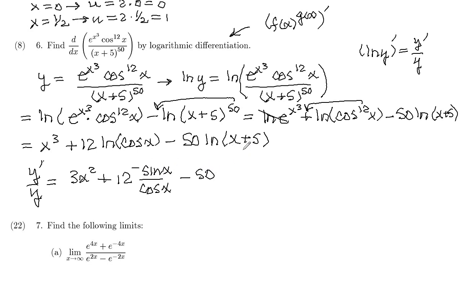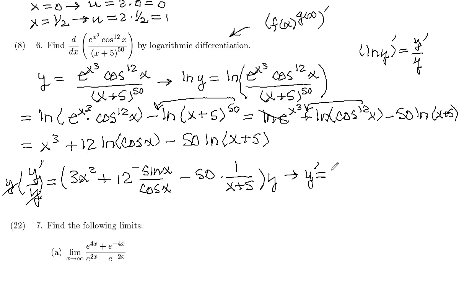And then this is a function again. So function goes on the bottom, x plus 5. And derivative on the top, derivative of x plus 5 is 1. And now we want to solve for y prime. So multiply both sides by y. And these y's all cancel. And there we get our y prime is equal to this whole thing.